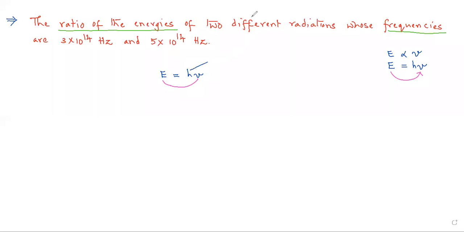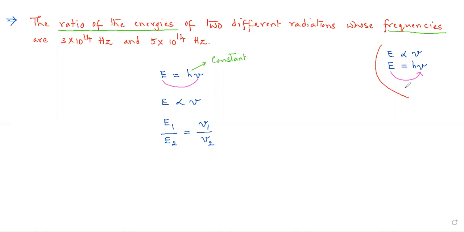H is anyway a constant, just forget about that. Therefore, E1 by E2 can be written as nu1 by nu2. That's it, because they are directly proportional. So this is how you have to derive the relation.